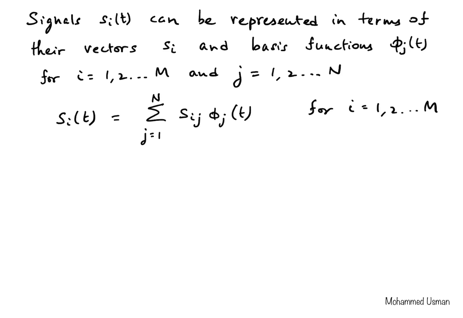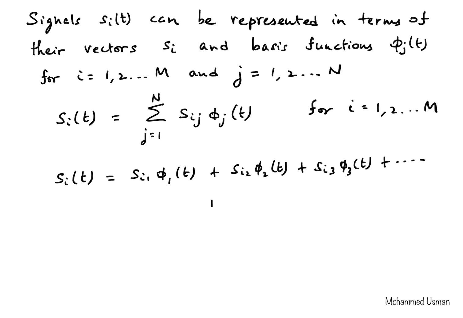So we can write this signal s_i of t as s_i1 into phi 1 of t, plus s_i2 into phi 2 of t, plus s_i3 into phi 3 of t, plus so on and so on up to s_iN into phi N of t, because the last value for j is N. That will be for each s_i of t.